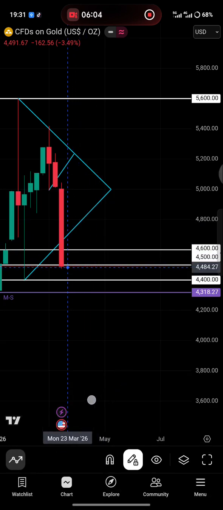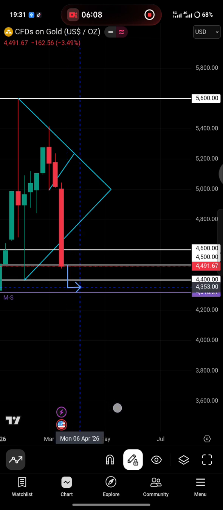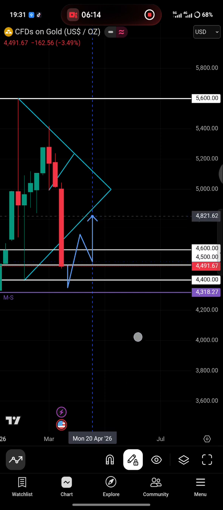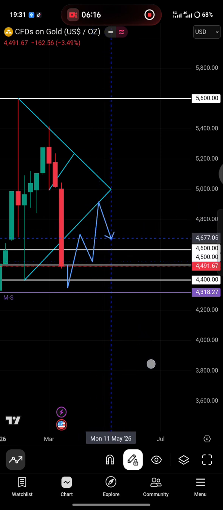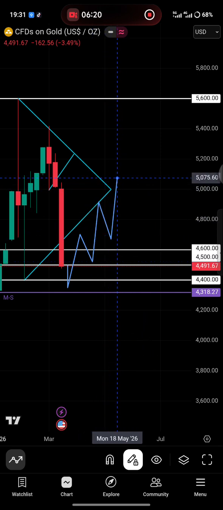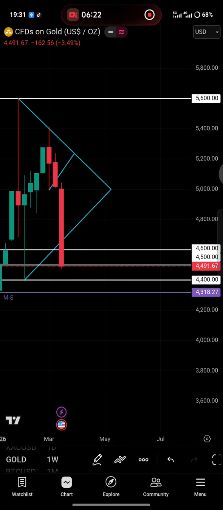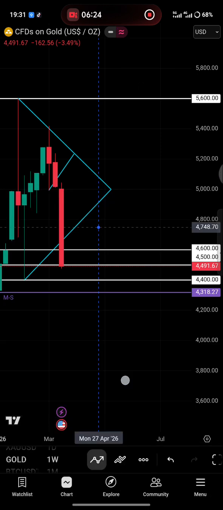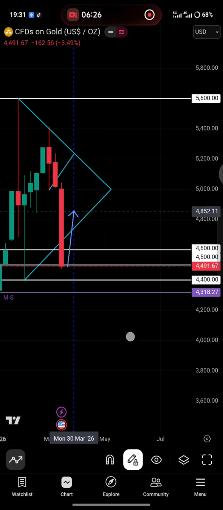So we wait for either the weekly candle to create a bottom wick and then start reversing on the 4-hour chart. Then we start buying on the 4-hour chart, right? And wait for the price to do a direct break of structure continuously. Or we wait for the weekly candle to push up, right?